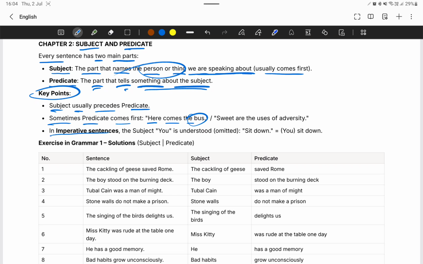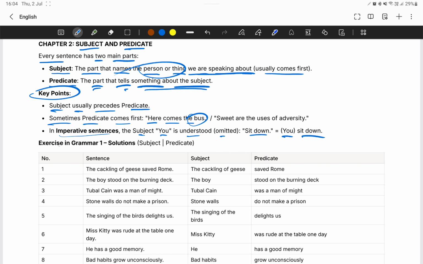And in imperative sentences, the subject you is understood or omitted. Like sit down means you sit down, so there's a you that is omitted, or I can say that it is understood.